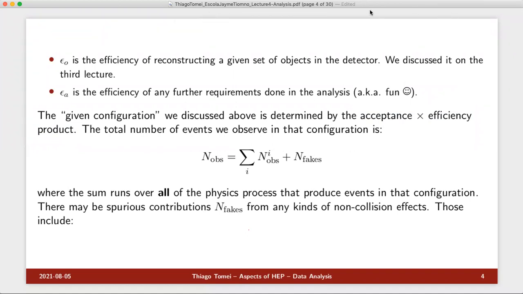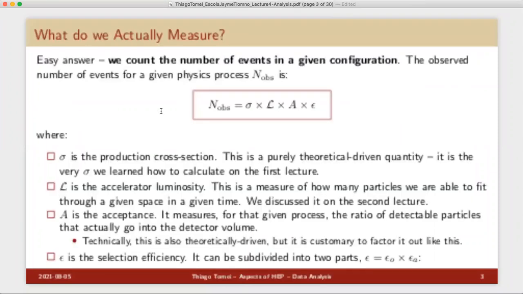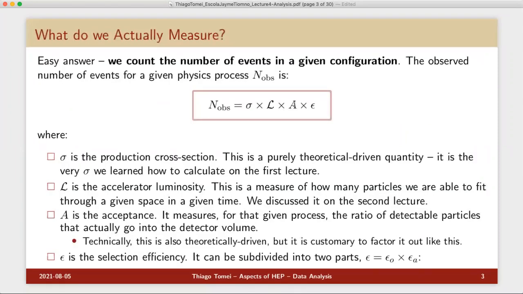Because the production cross section and the luminosity are given by external factors. This comes from nature, this comes from the accelerator people. These come essentially from the construction and the reconstruction process and the reconstruction algorithm of the detector. So this is in our hands. And this is also in our hands.